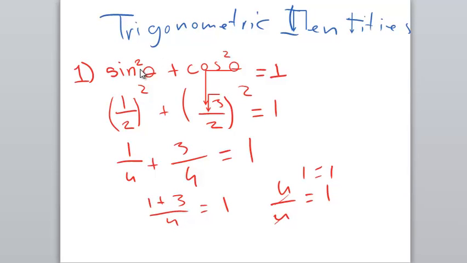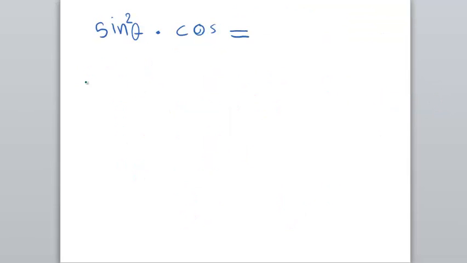Let's remember this one: sine square angle plus cosine square angle is equal to 1. So we could say that sine square angle is equal to 1 minus cosine square angle. So when we simplify this, it will be 1 minus cosine square angle times cosine angle.